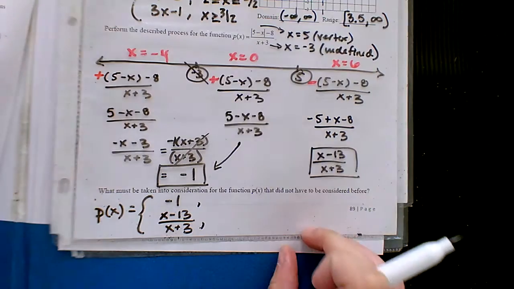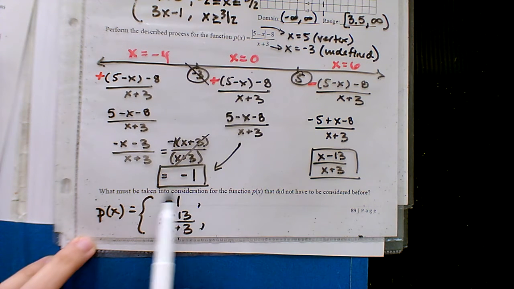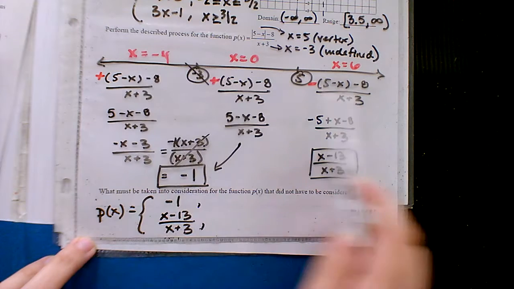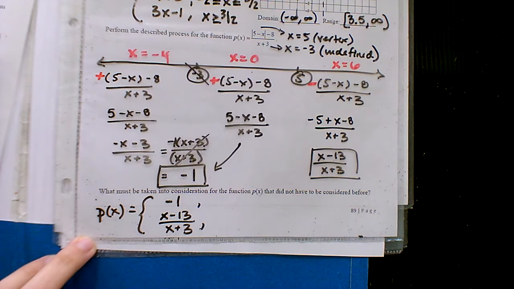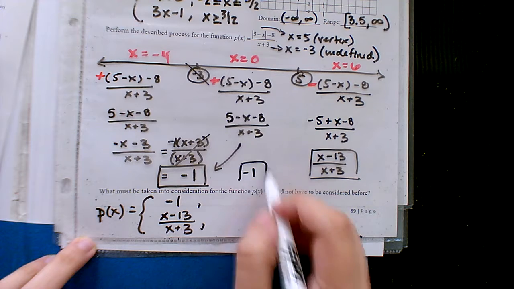Can we determine the domains or the constraints for those 2 equations? Where did we have this equation of -1 showing up within our number line? It showed up on the left and the middle.